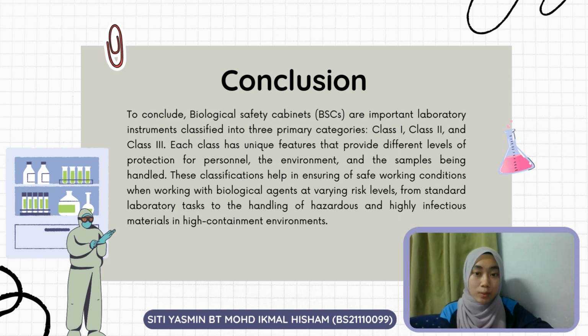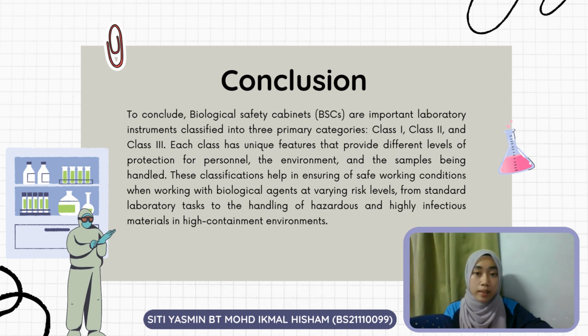Last but not least, we can conclude that Biological Safety Cabinets (BSCs) are important laboratory instruments which can be classified into three primary categories, which are Class 1, Class 2, and Class 3. Each of these classes has unique features that are able to provide a different level of protection to the personnel, environment, and also the sample being handled during the experiment.